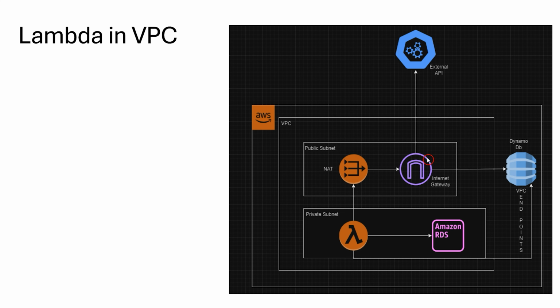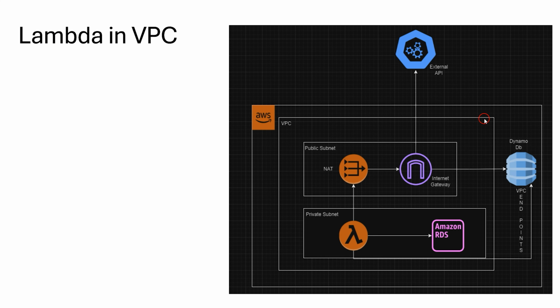By using this combination, you can access this DynamoDB. But what if you don't want to use this NAT gateway configuration to access this DynamoDB? Because this NAT gateway will be useful to access the public internet. But what if you don't have the NAT itself, right? So in that case also you can access other services inside the AWS network.